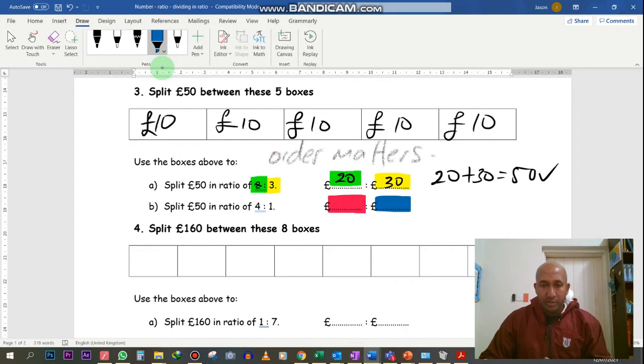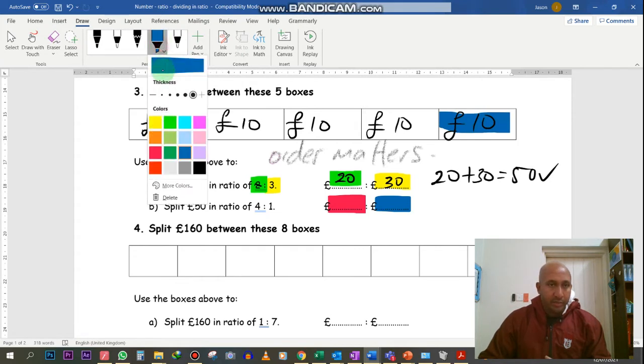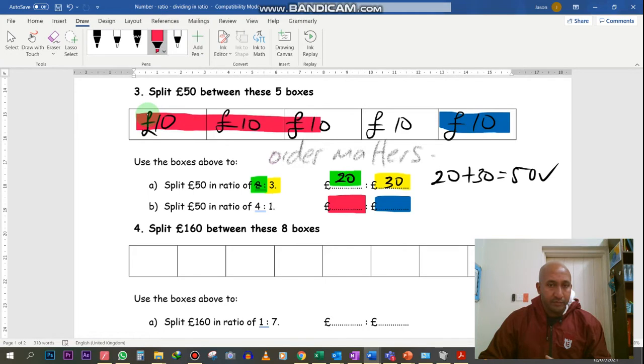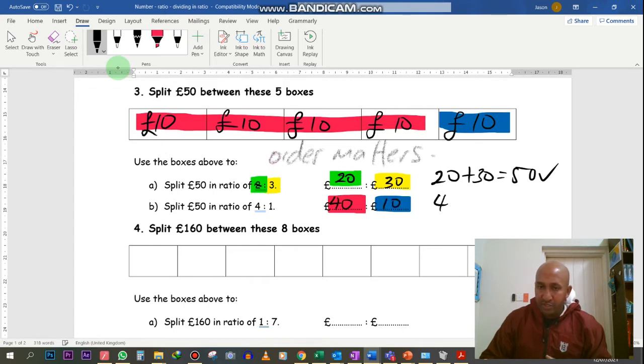So that means the blue ratio is going to be 1 share, and the pink ratio is going to be 4 shares. And when you do it like this, it's very plain to see that our 4 shares is going to be worth 40 pounds. And in this case, our 1 share is going to be worth 10 pounds. And if you say 40 plus 10, it equals 50. So we know that we're still dealing with the same amount.